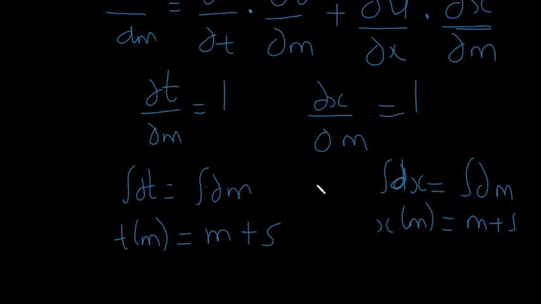Okay? Yes. So now when we go to our initial conditions, we want to see the value of t and x at a general point, let's say the origin. So when m is 0, what's going to be the value of t? And when m is 0, what's going to be the value of x?